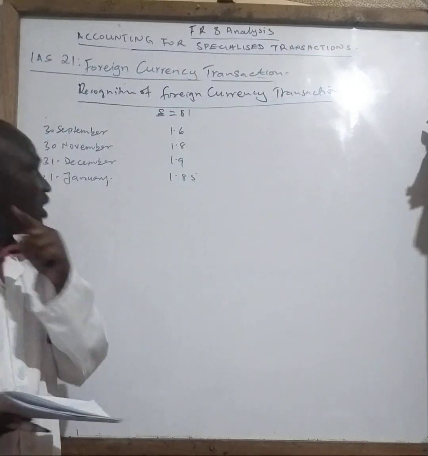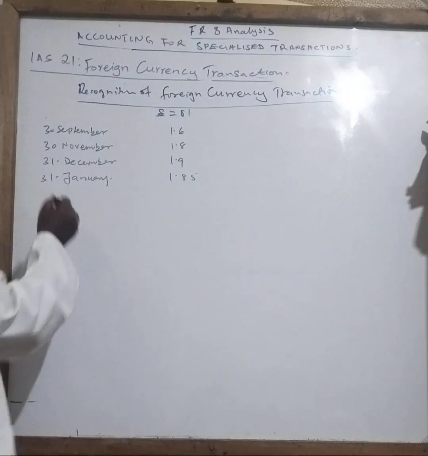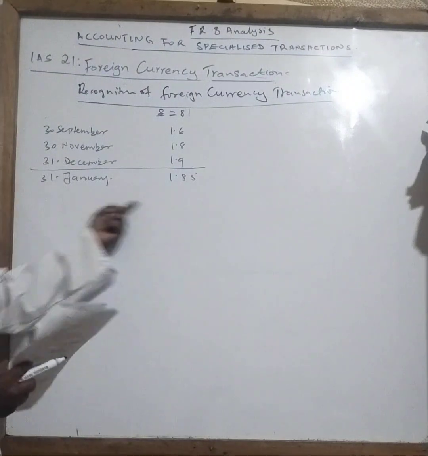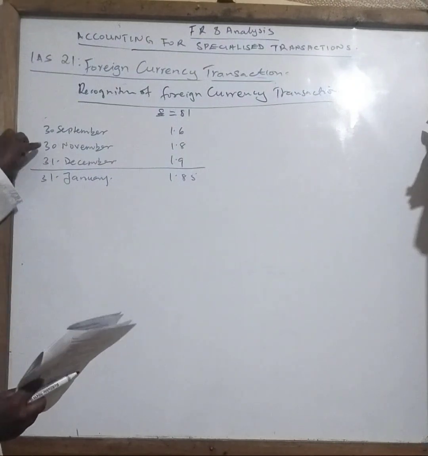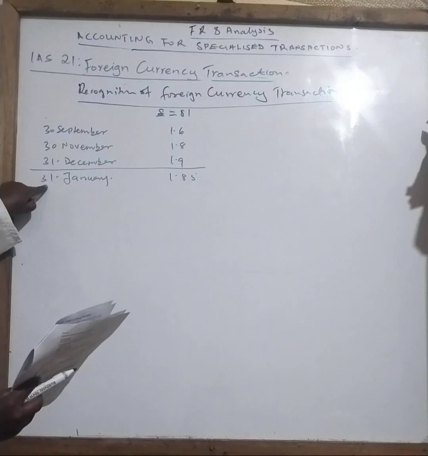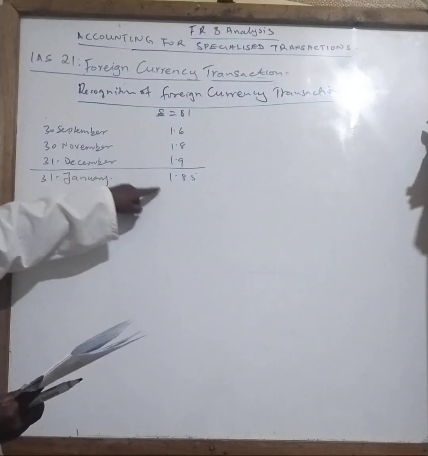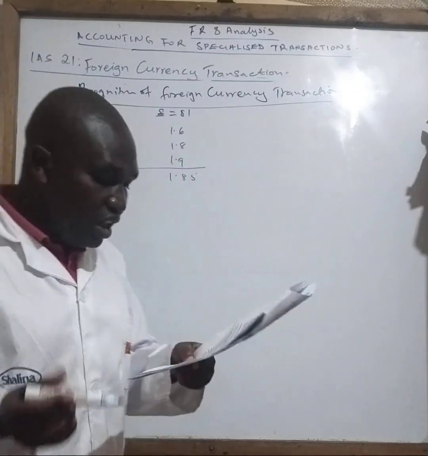The reason you are told that is for you to mark when we are closing the books. So therefore, the payment taking place in November and the 31st of January the following year falls in another financial year.